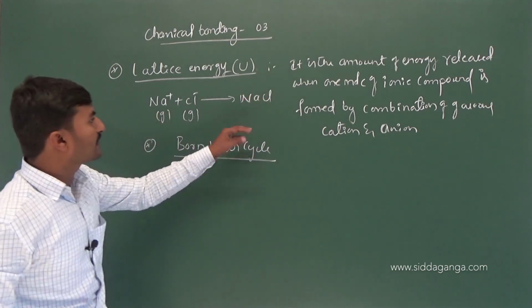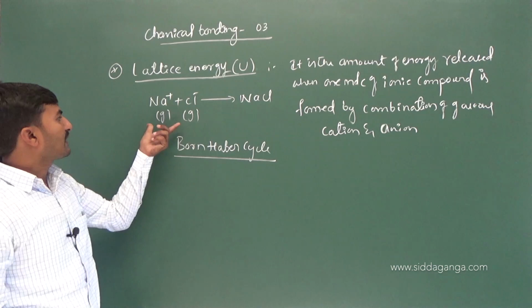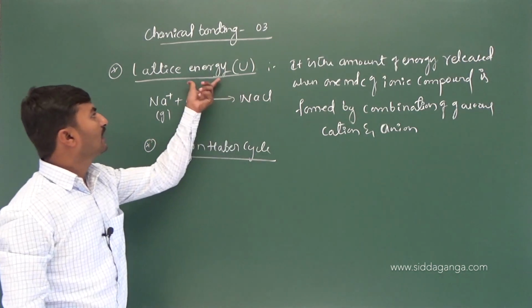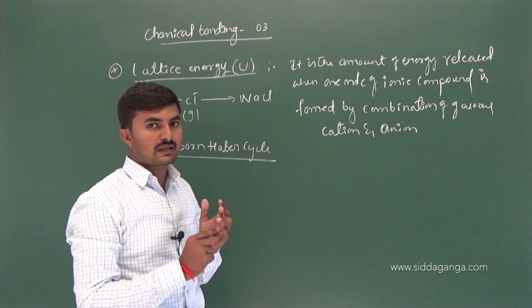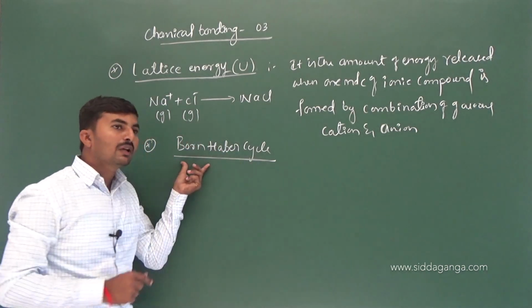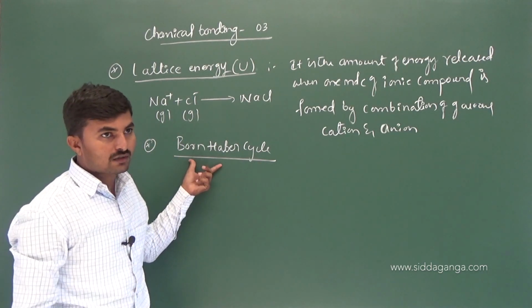The energy released when 1 mole of ionic compound is formed from its gaseous cation and anion is called lattice energy, and there is no specific method for the calculation of lattice energy. One indirect method is there for its calculation, that is according to the Born-Haber cycle.